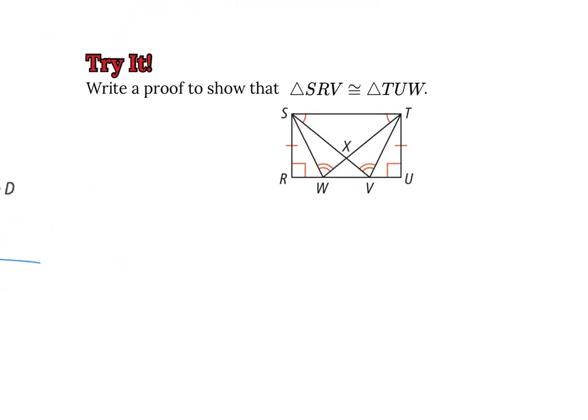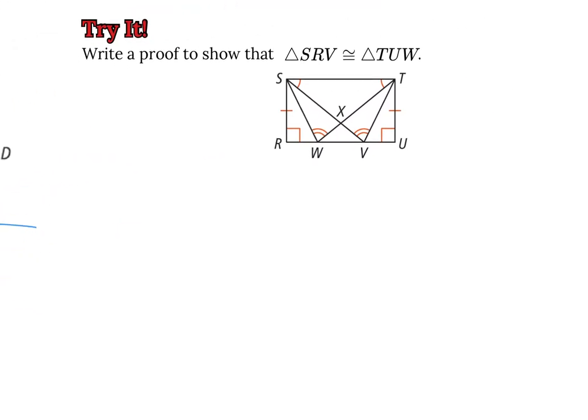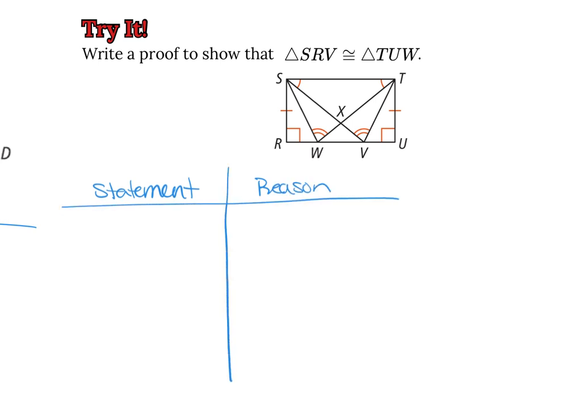Okay, our try it. We want to create a proof to prove triangle SRV is congruent to triangle TUW. All right, we always start off with some of the information we're given.